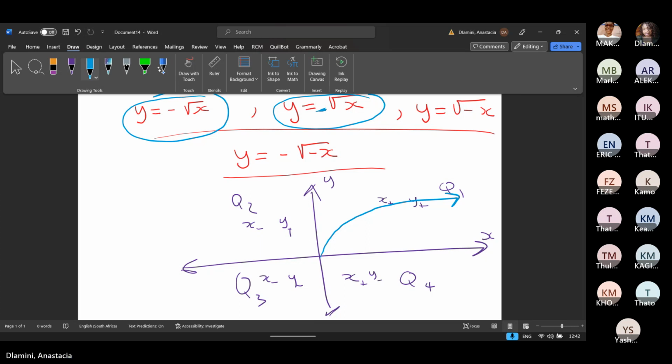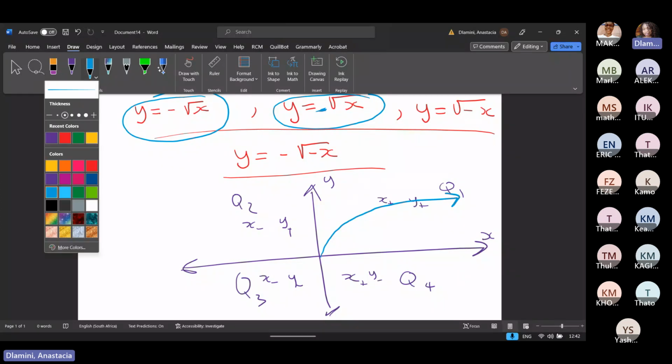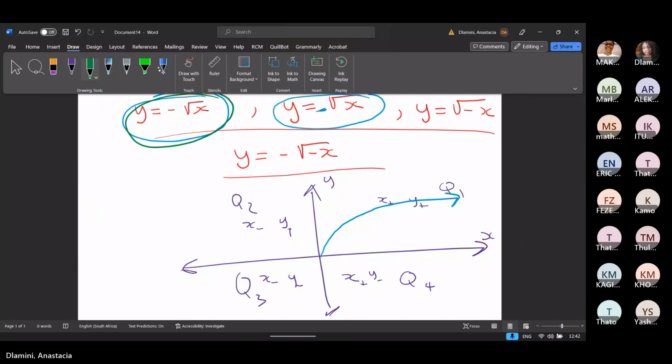Okay. Now we want to draw this graph, right? Let's make it green. Is y negative or positive, guys? Please mute. To the left. Okay. So is y positive or negative here? It's negative. Is x positive or negative here? Positive. So where is x positive and y negative?